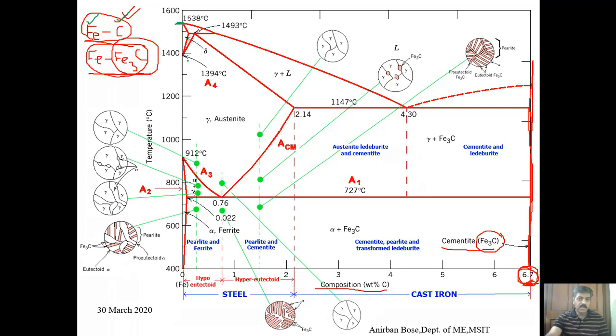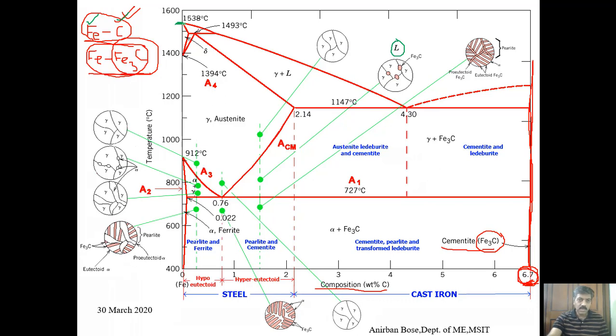The second important thing that you have to remember is something happening at this position. Let us first try to find out what are the primary phases present in the diagram. The primary phase here, you can see, is the liquid phase. So this region is the liquid region.